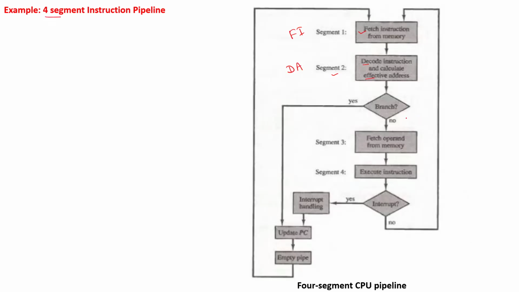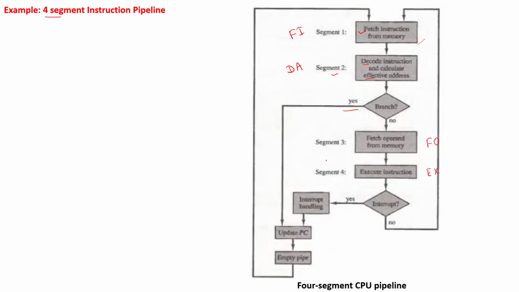If it is a branch instruction, then like we used to call the subroutine task, the same thing is here. If there is no branch, then we fetch the operand from the memory, which we write as FO. Finally, we have the execution of the instruction. Again, if an interrupt occurs, it is handled; if no interrupt, we start again from the initial stage.